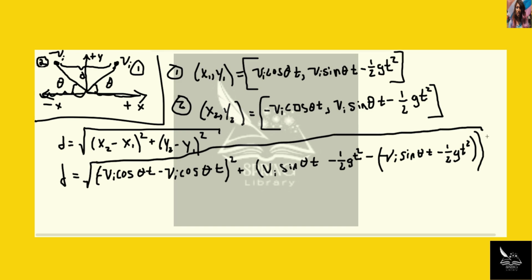Awesome. All right, so a few easy things here are convenient for us. This right here and this right here are the same thing and they're subtracted, so these essentially go away completely, which is really nice.